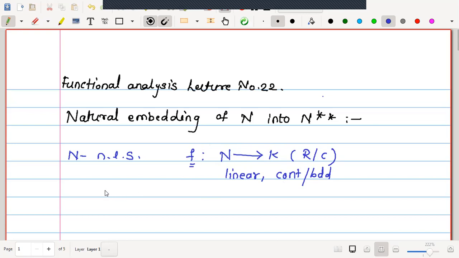Then this kind of function is called a functional. This we have studied already.